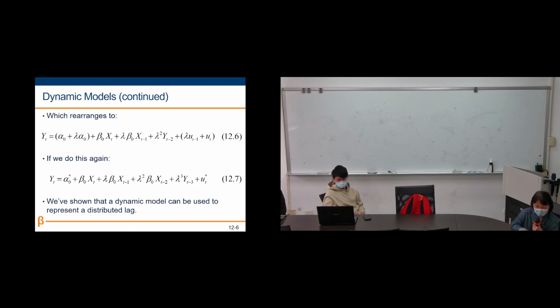Although I have those problems, I still want to express the dynamic model as the distributed lag model, because although it can use OLS estimation and can cause several problems, later on you can see there are some advantages, although they do have multicollinearity problems.